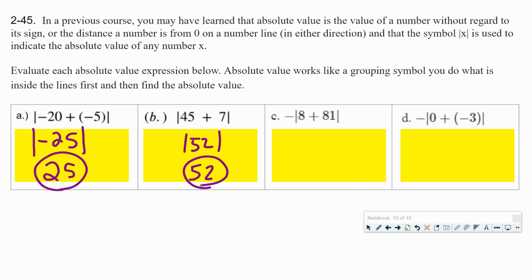C, 8 plus 81 is 89. The opposite of the absolute value, though, is negative 89. So that's the only time absolute value can become negative, if there's a negative sign outside. D, 0 plus negative 3 is negative 3. But the opposite of the absolute value of negative 3 is still going to make it negative 3.